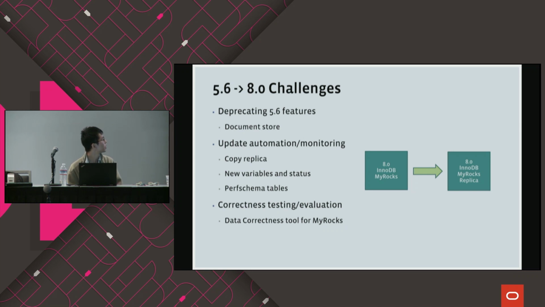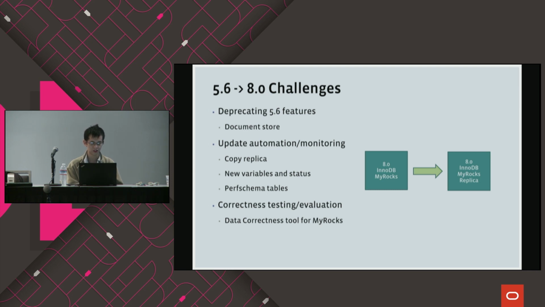Other challenges that we have include deprecating large features. At Facebook, sometimes we develop features ahead of upstream. For example, we actually wrote DocStore before Oracle came out with DocStore. But as we migrate to 8.0, these 2 features conflict with each other, and we have to deprecate our own feature and migrate to the upstream version of document store.